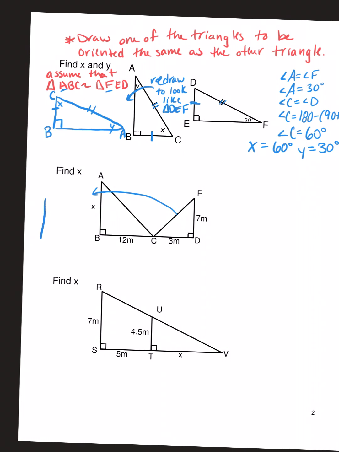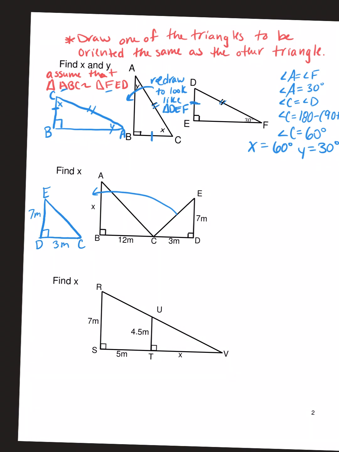So we're going to have it like this, and we're going to label the letters accordingly. So this was D, this is going to be C, and this is going to be E. And we know that we have 7 meters here, and we have 3 meters down here. So we can now see which sides correspond with each other in triangle DEC and ABC.